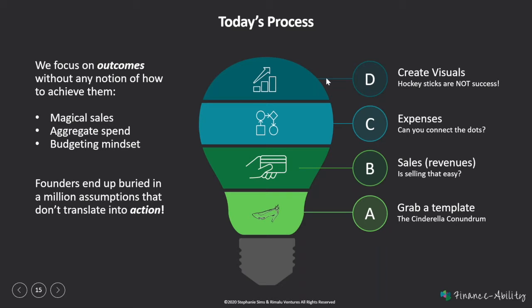The problem is that most founders don't know how they're going to generate sales, and so asking them to project sales first leads them into this kind of magical thinking, which is, oh, well, making sales is just as easy as changing a number in an Excel spreadsheet, which doesn't serve you in your business, and ultimately really creates some challenges for you when you try to connect the dots between the sales that you've projected magically and the expenses that you need to get there.